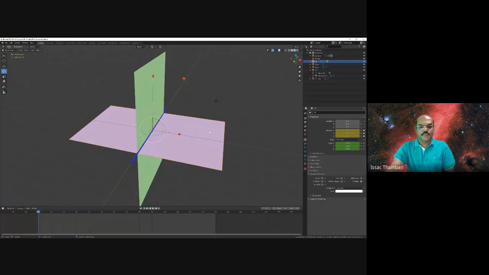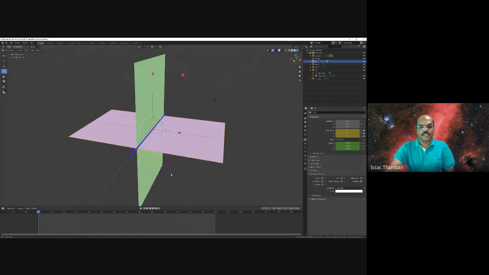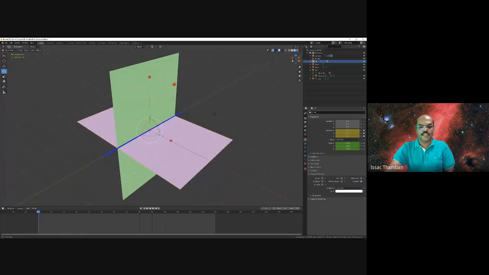And these two planes are intersecting along a line. That line in this window is represented as a blue line, and we can name it as the XY line. So this is the horizontal plane, this is the vertical plane, and this blue line is the intersection, which we name as the XY line.